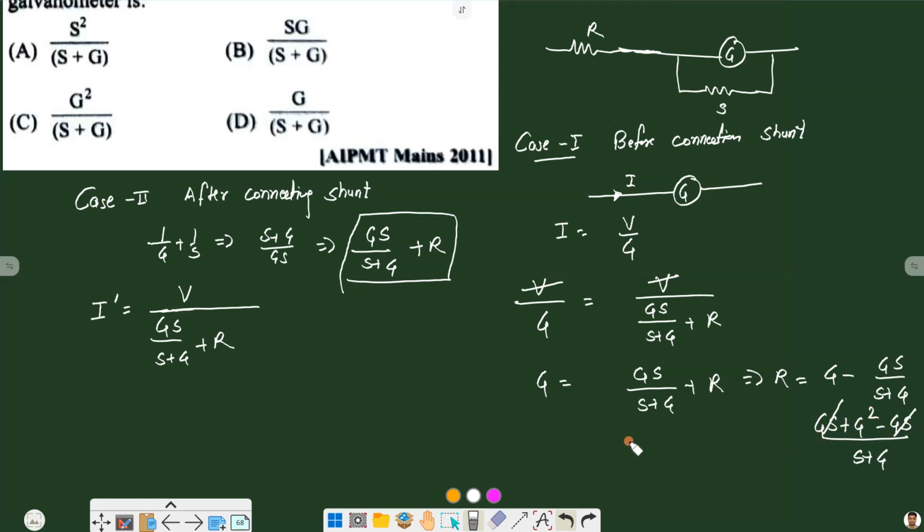GS gets cancelled. So value of R comes out to be G square by S plus G. And that is option C for us. So let's now move to the next question.